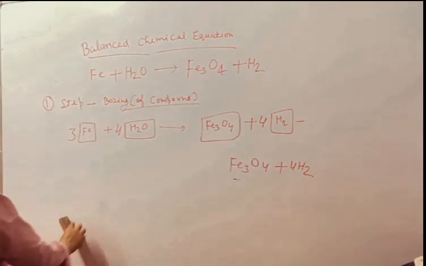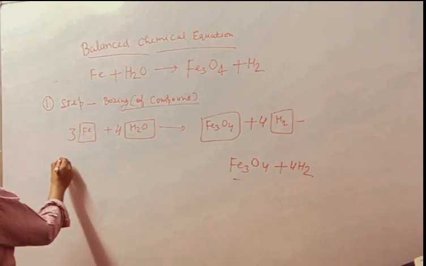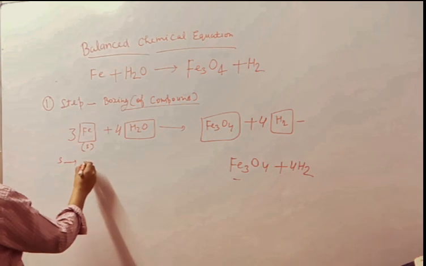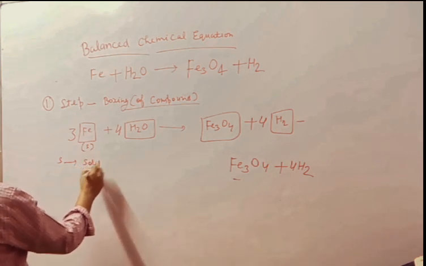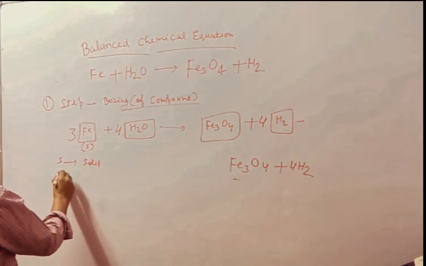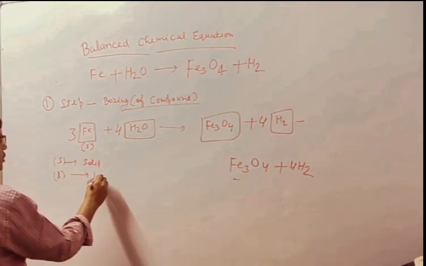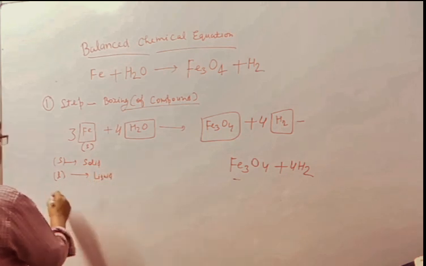So there are some rules. If there is a small s written in the bracket, it shows the solid state. If a small l is written in the bracket, it tells the liquid state of the element or compound used.